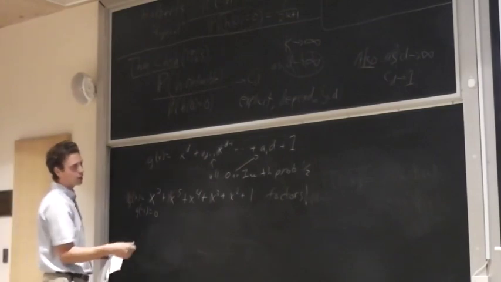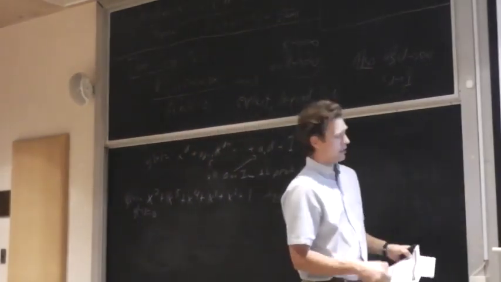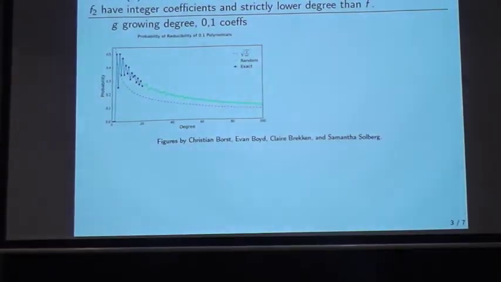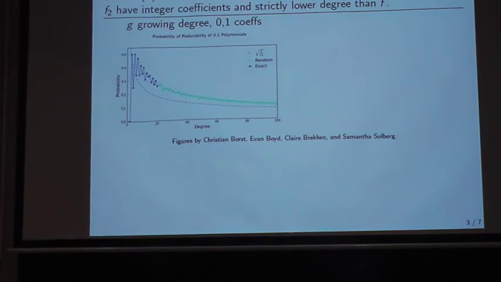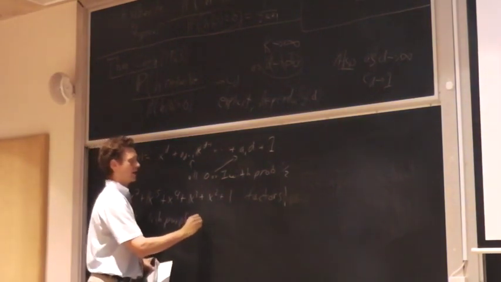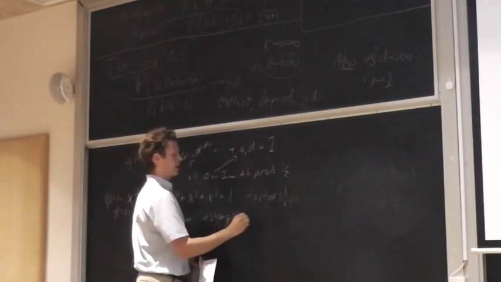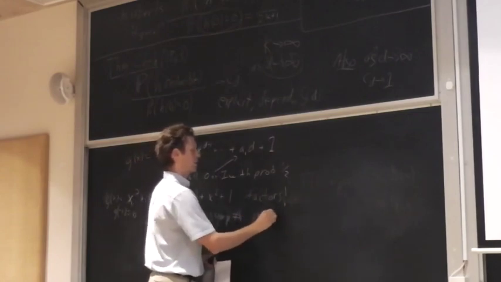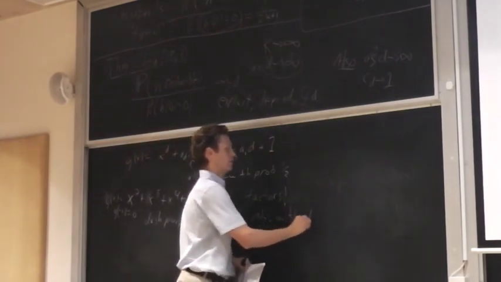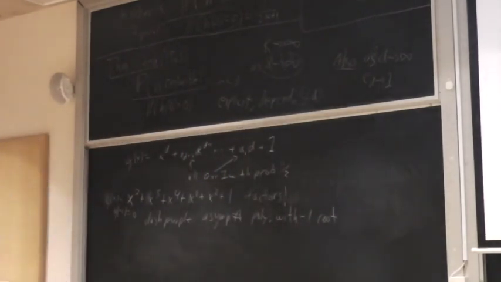And so this dashed purple line is the lower bound from this group. Dashed purple is from the asymptotic number of polynomials with -1 as a root, meaning x plus 1 is a factor of the polynomial.